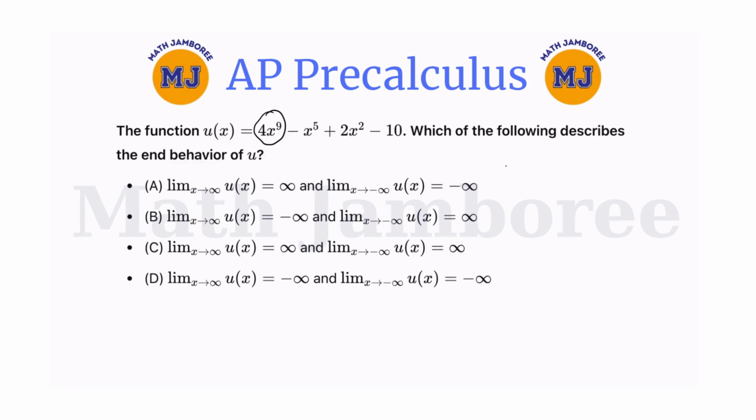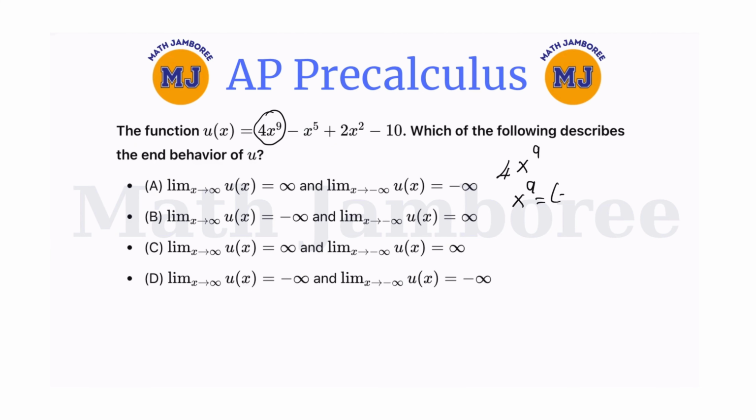To determine that, I will rewrite this leading term, 4 times x to the power of 9, and split it into two pieces. So let's analyze x to the power of 9 first.